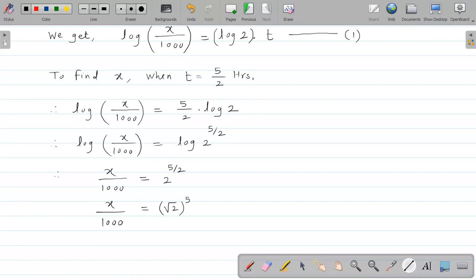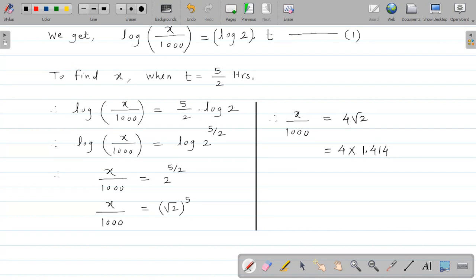Now for the further calculation, root 2 raised to 5 is nothing but 4 root 2, means root 2 into root 2 into root 2 into root 2 into root 2, 5 times the multiplication of root 2, and hence you will get x upon 1000 is equal to 4 root 2. Now the value of root 2 is given to you, that is 1.414.